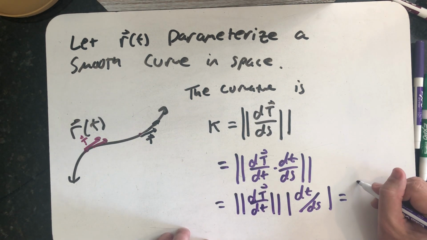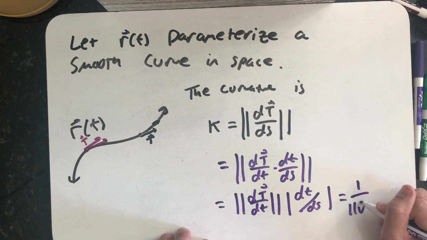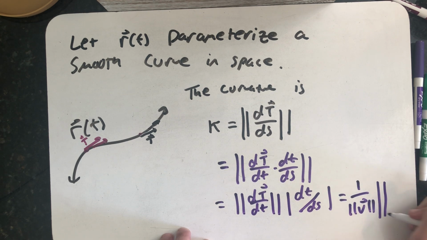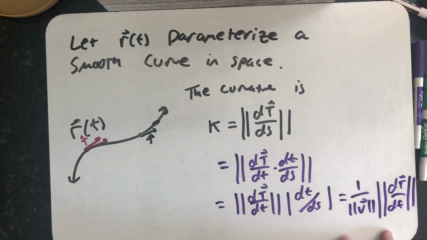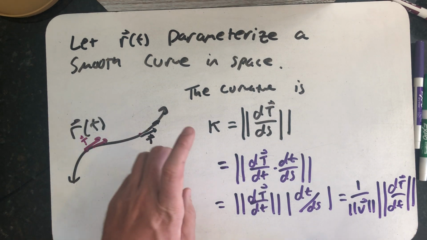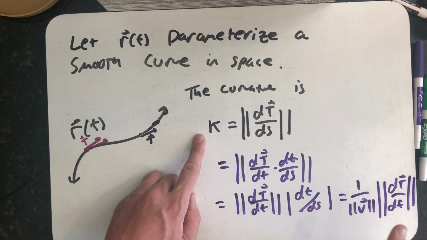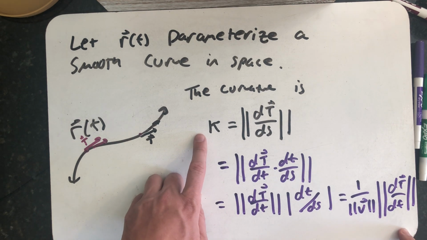So this formula boils down to 1 over speed times the magnitude of dT/dt. And this is great because everything in this final calculation formula is in terms of the original variable t. So this is how I'll calculate curvature. Kappa is equal to 1 over speed times the magnitude of dT/dt.